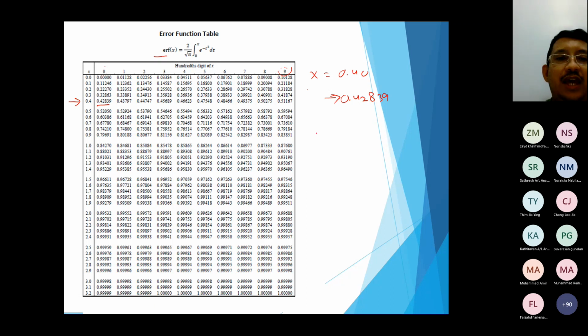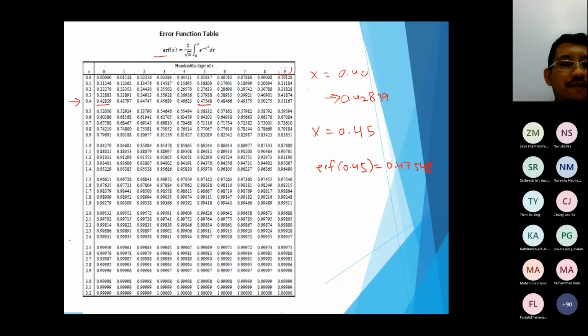And for example, if X is equal to 0.45, the ERF of 0.45 is equal to 0.475548, and so on.